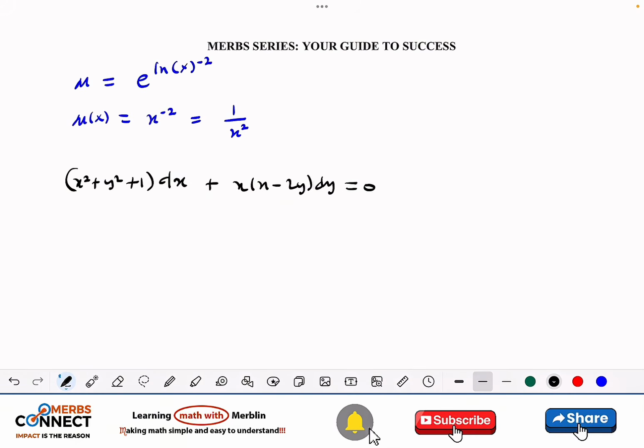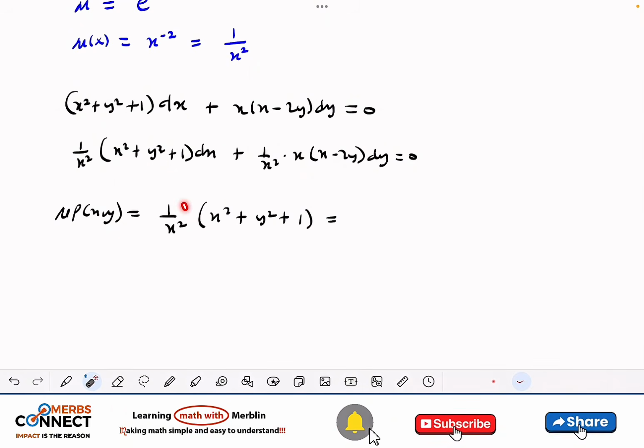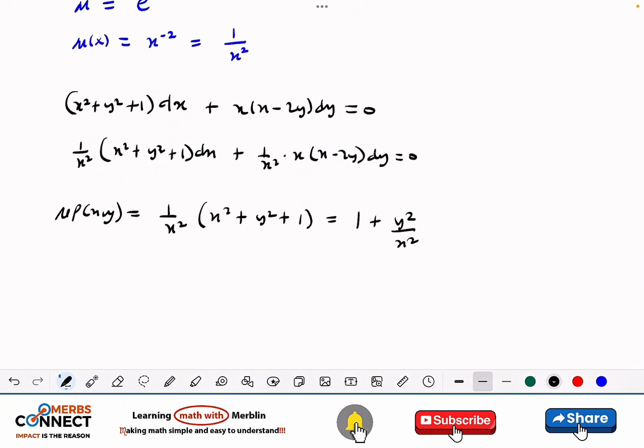We are going to have 1 over x squared times (y squared plus 1) dx plus 1 over x squared times (x minus 2y) dy. So now we pick our new functions. So now we are going to have mu times p of x, y, because now we are dealing with the integrating factor, which is 1 over x squared times (x squared plus y squared plus 1), and this is the same as, when I multiply through by 1 over x squared, I'm going to have 1 plus y squared over x squared plus 1 over x squared.